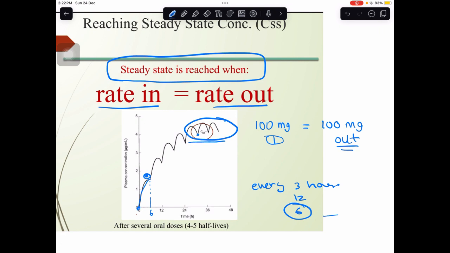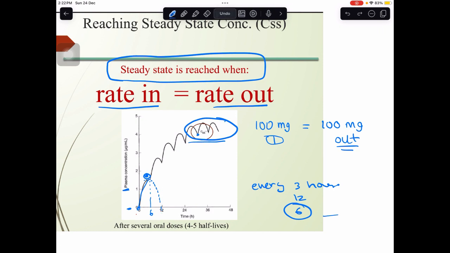Because if I didn't, it would end up reaching 0 plasma concentration right here. Here it's reached a specific concentration of the plasma, right? If I didn't take it every 6 hours, it would go down to 0 concentration of plasma. And then when I take another one, it will be the same thing, and there's no effect, okay?